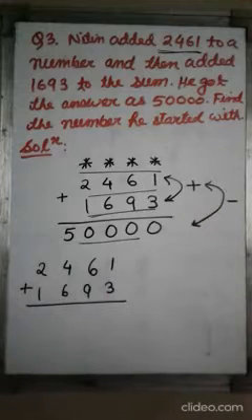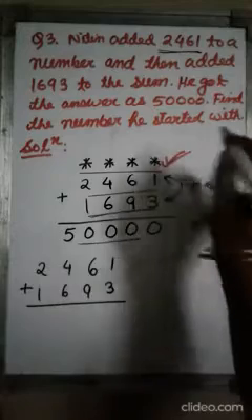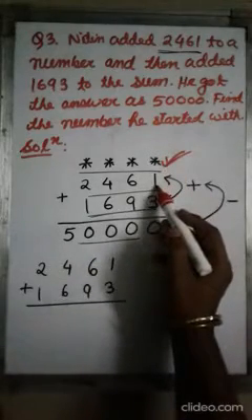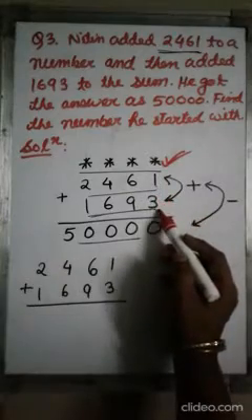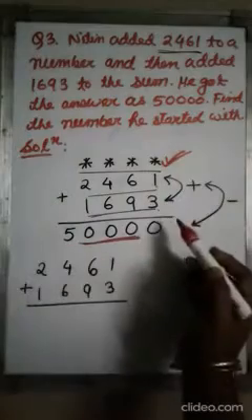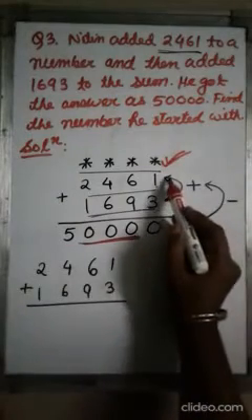What we have to find? We have to find the number with which this number is added, then this number is added, and we get 50,000. So how to solve this?